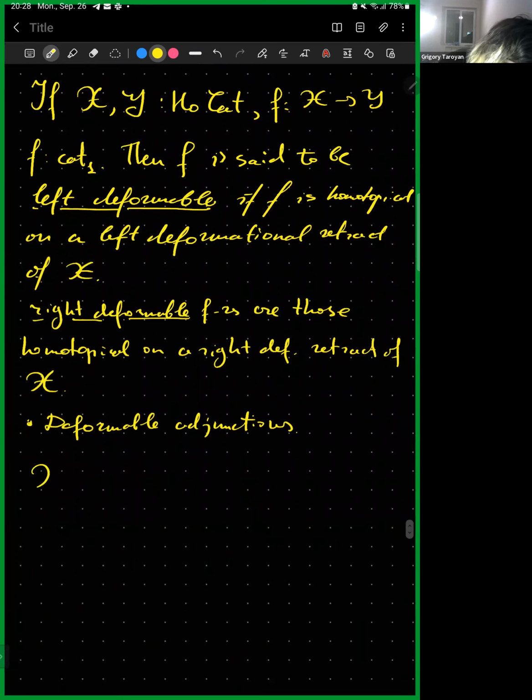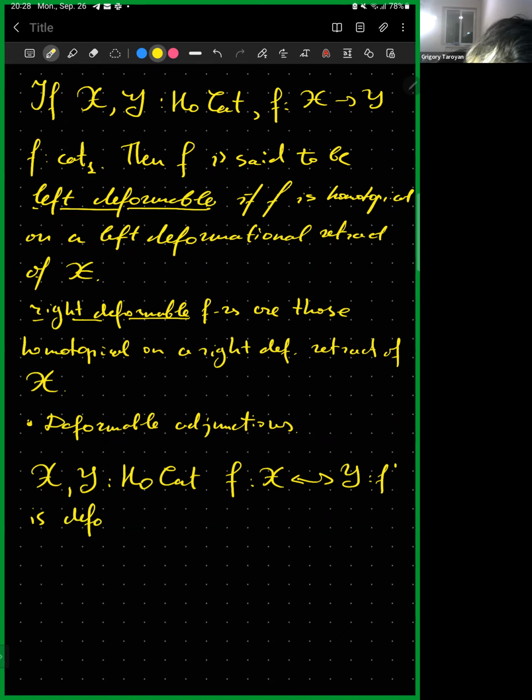So here, instead of model categories, we consider arbitrary homotopical categories, and we say that an adjunction is deformable if F is left deformable and F prime is right deformable.